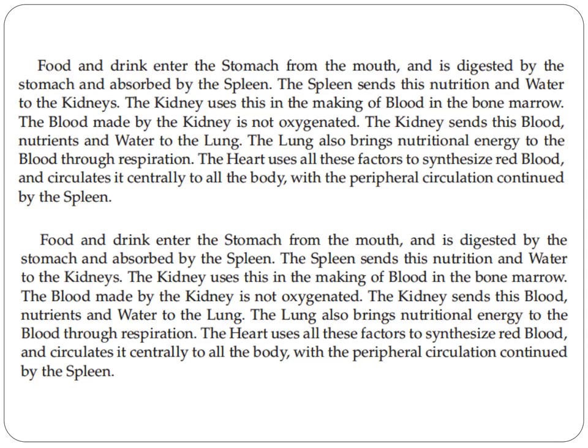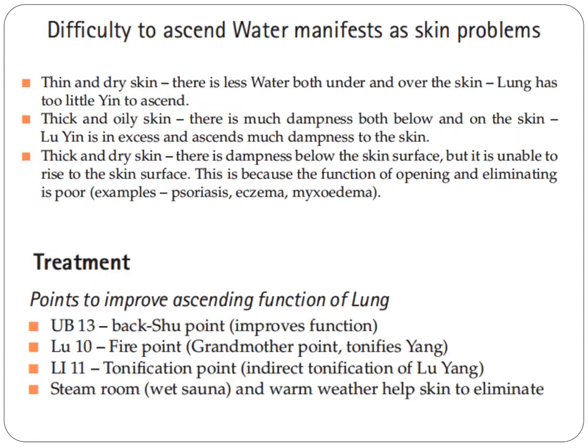Food and drink, as we could see from the previous slides, will actually have to end at the bladder. And here you can see the role of the lung to ascend and descend water.